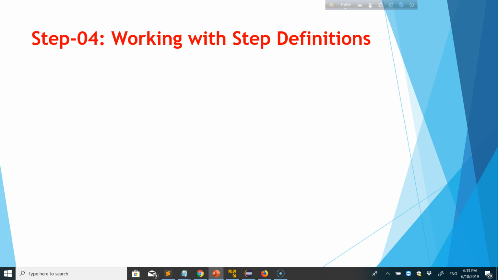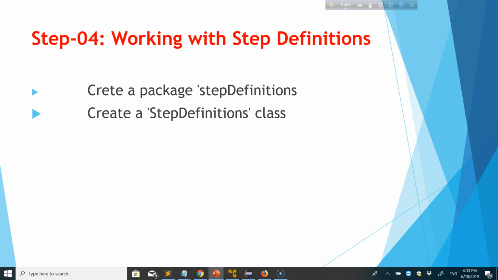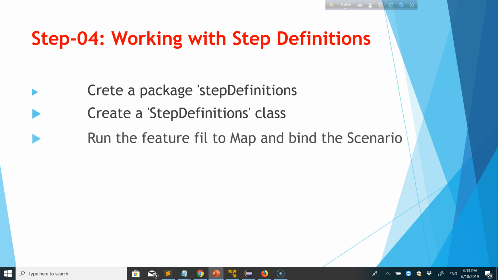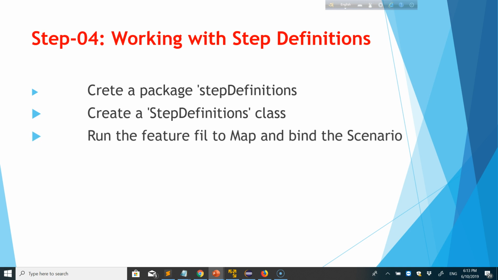And in step 4 we also worked together with the step definitions. We created the step definitions package, and inside the package we created a step definitions class, and then we came back to the feature file to map and bind the scenario all together, to link it and glue it with the Cucumber glue code.